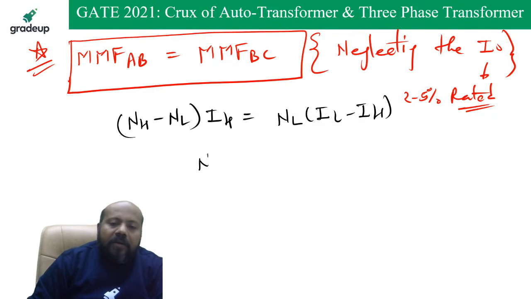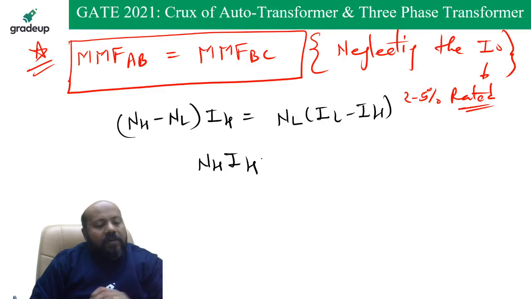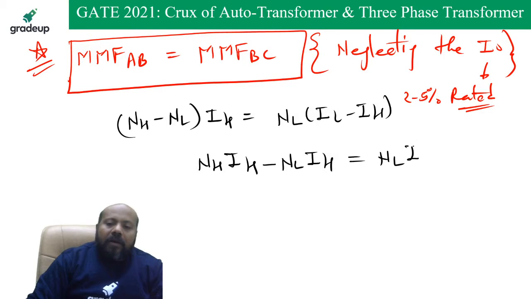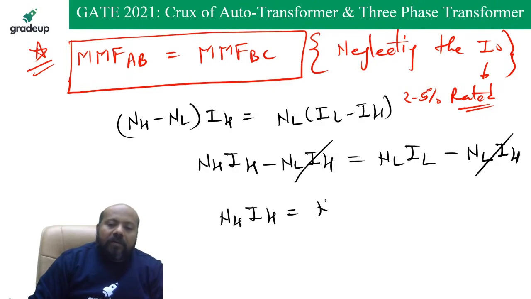Just expand it. NHIH minus NLIH is equal to NLIL minus NLIH. NLIH will cancel out and you can write NHIH is equal to NLIL.